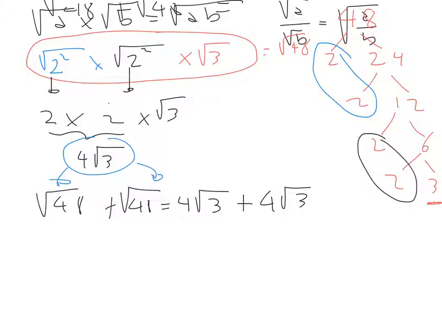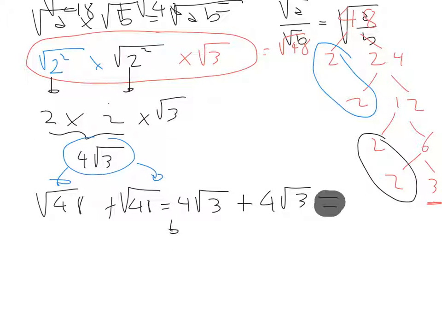Okay, now how can we do 4 square root of 3 plus 4 square root of 3? Well, it's not that hard. You have to consider that square root of 3 is like a variable, something that we cannot mix with the numbers.